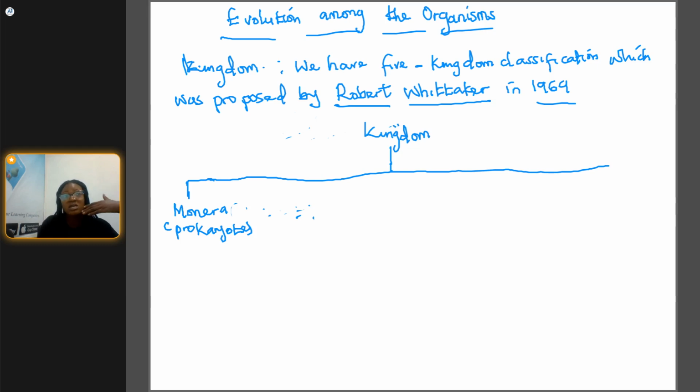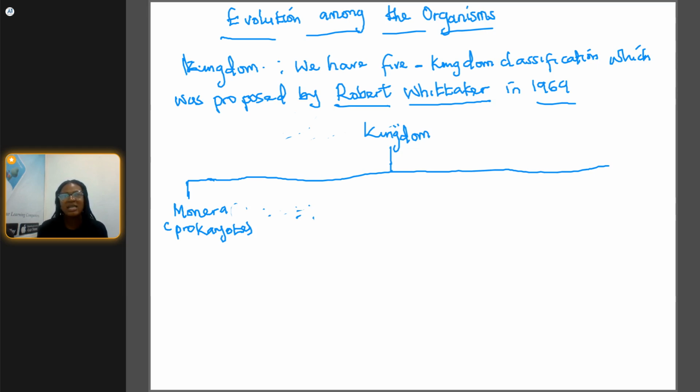We talked about the cytoplasm, nucleus, nucleolus, mitochondria, Golgi body, endoplasmic reticulum, and all of the other components. So you see this particular Monera, this prokaryotes, they do not have a nucleus and they don't have these membrane bodies. So their components are not that defined.